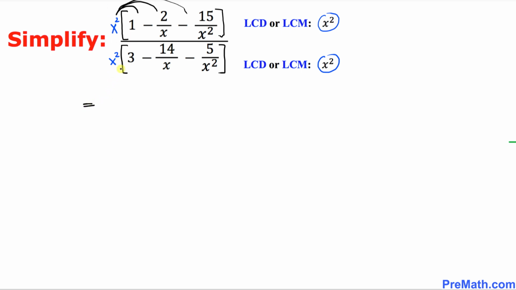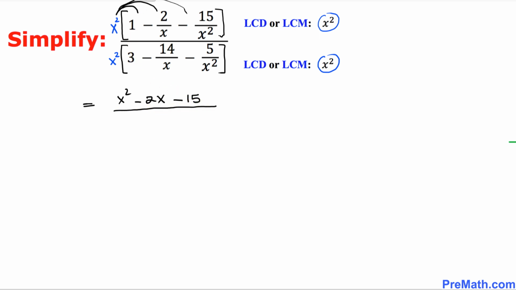When you multiply this one, x squared times 1 is going to give us x squared, and then x squared times this part is going to give us negative 2x, and finally when we multiply with this one, that is going to give us negative 15 on the top. See, we no longer have a fraction now.